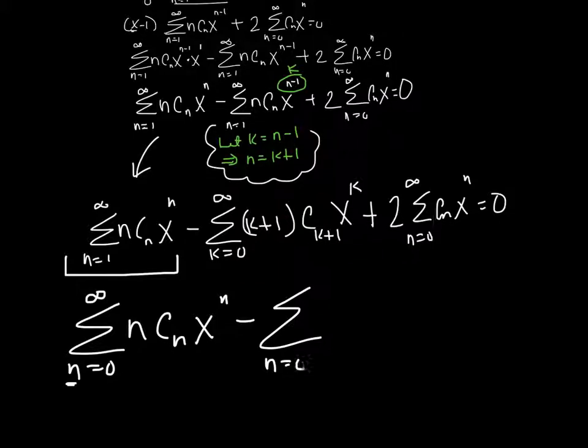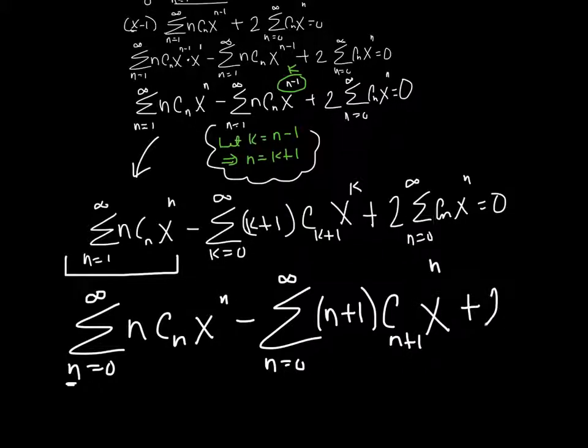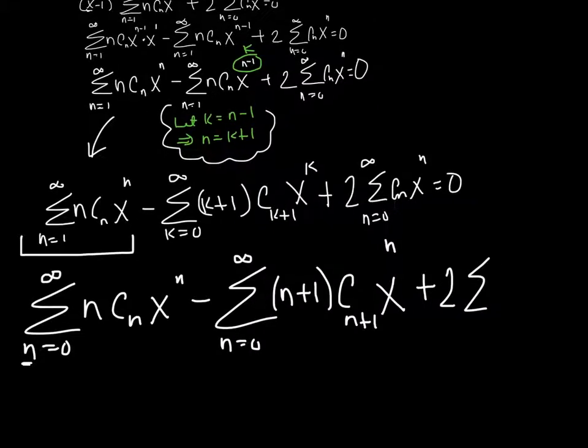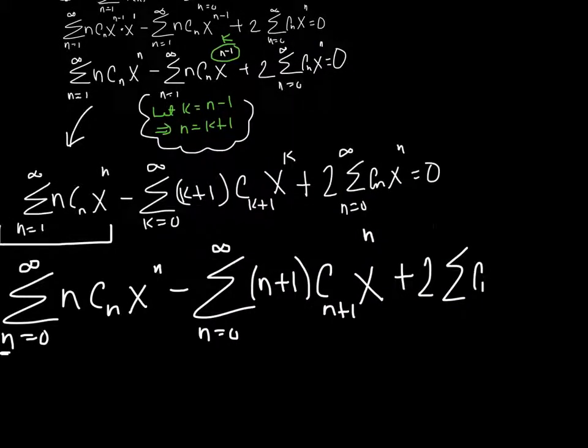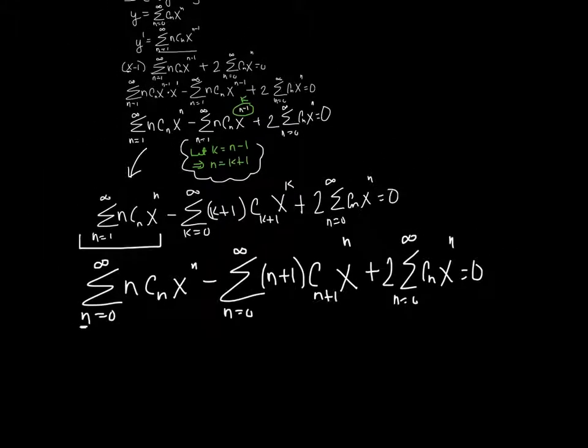So n equals 0 to infinity, n plus 1, c n plus 1, x to the n plus 2, and we have cn x to the n, and n equals 0 to infinity. Okay, so let me make this a little bit smaller.